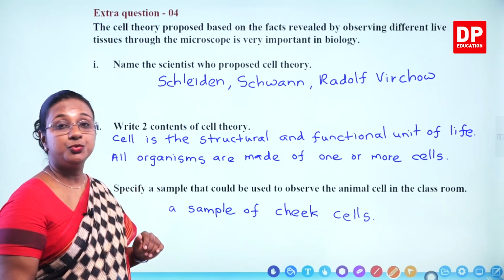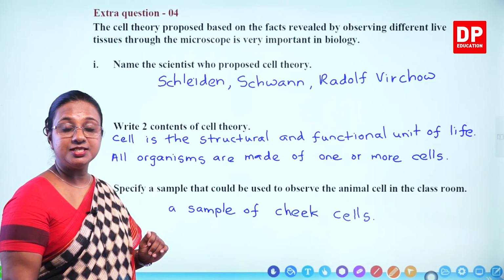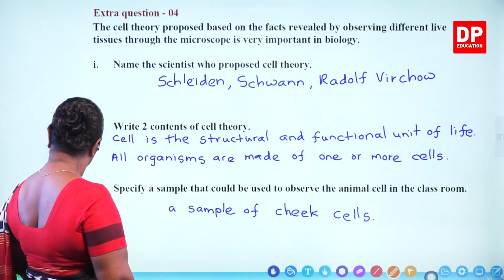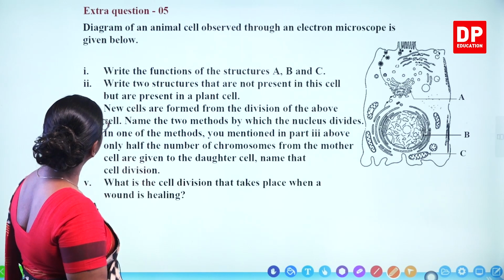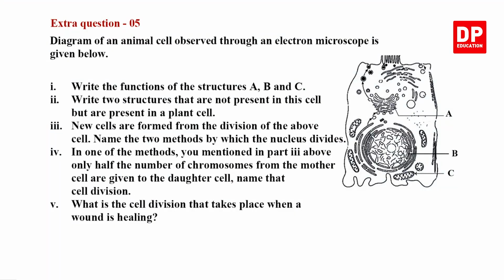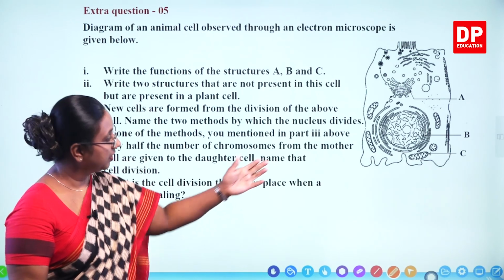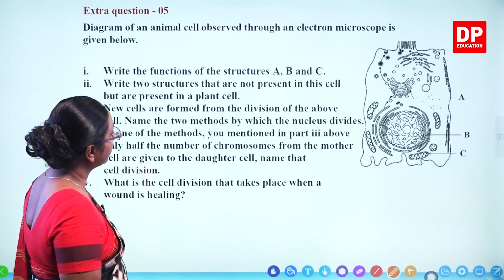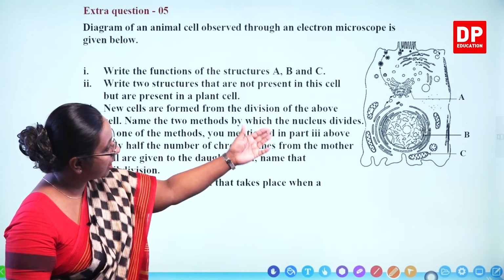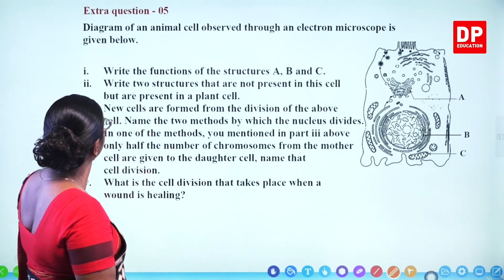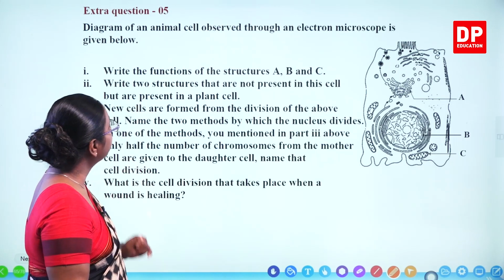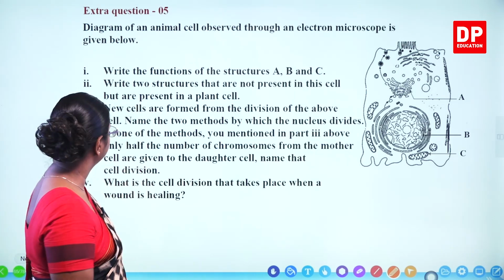So I'm sure you were able to answer all these questions. Now I will move on to the next question. Extra question 5. Diagram of an animal cell observed through an electron microscope is given below. You can see the diagram there. Write the functions of the structures A, B and C. They are shown in the diagram. Write 2 structures that are not present in this cell but are present in a plant cell.